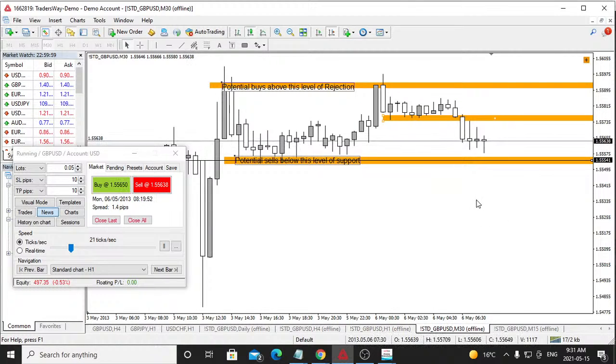Let's see. Potential sells below this level of support. Potential buys above this level of rejection. And sells do not pan out. It is almost 8:30. A brand new candle is going to print in 3, 2, 1. Printed. We are ranging. It's breaking lows. This is the second 30-minute candle of the New York Open.